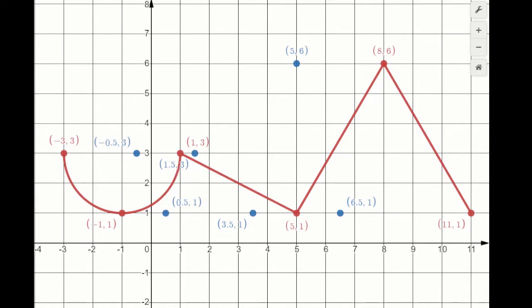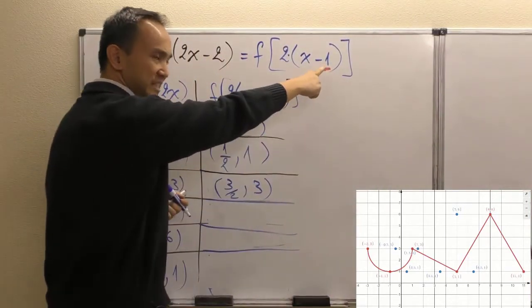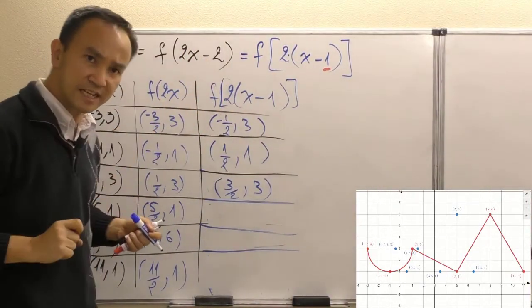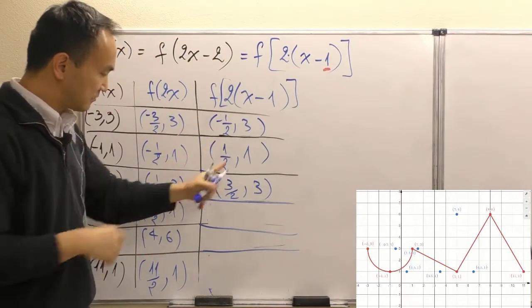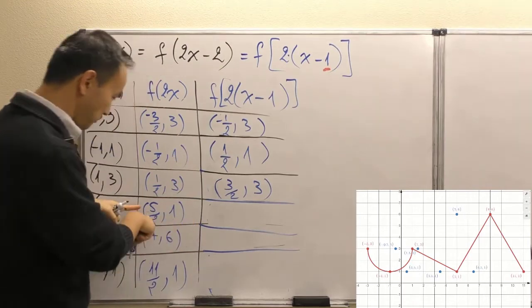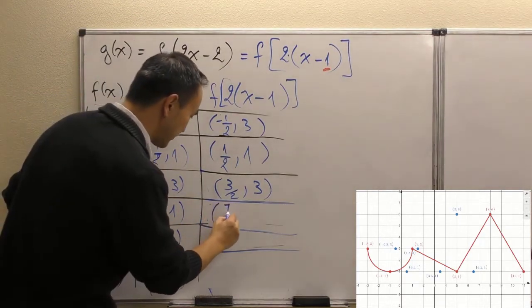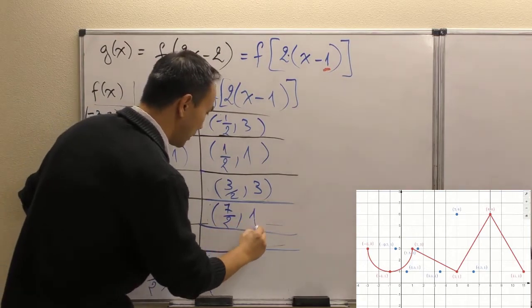So now we have 3 points by adding 1 from the preceding step. We've had the 3 points correctly done so far. Let's look at the next one. 5/2 add 1 gives me 7/2, comma 1.